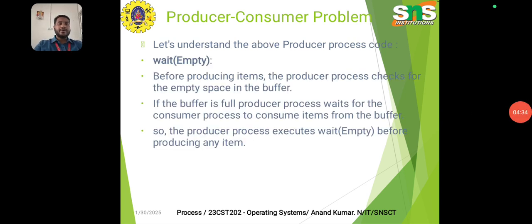Let's understand the above producer code. Wait empty: before producing the item, that is the data, the producer process checks for empty space in the buffer. If the buffer is full, the producer process waits for the consumer process to consume items from the buffer. So the producer process executes wait empty before producing any item.